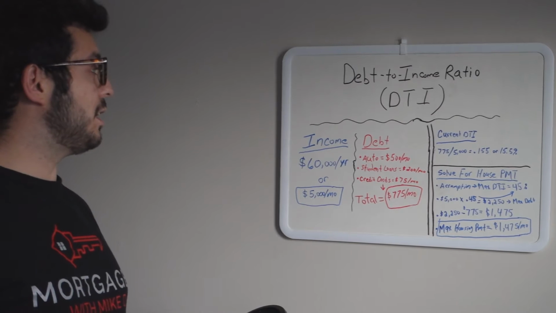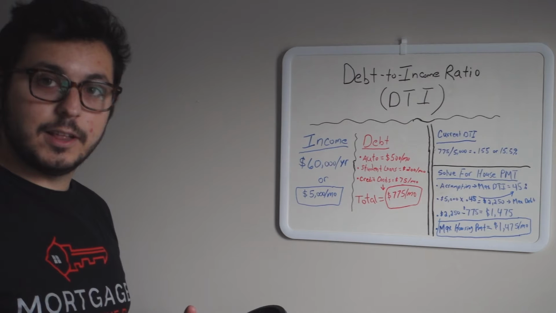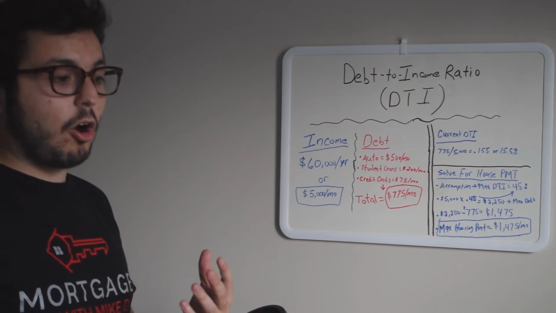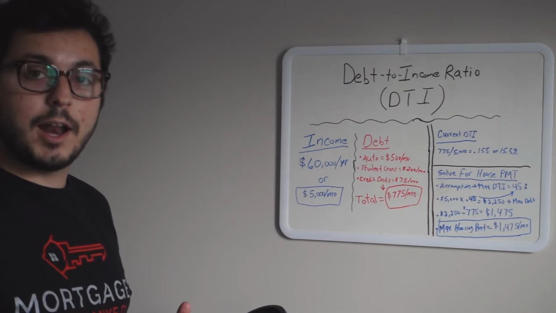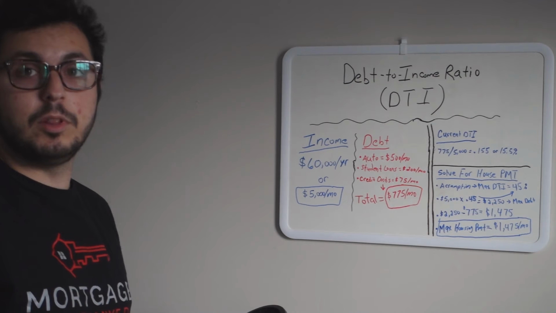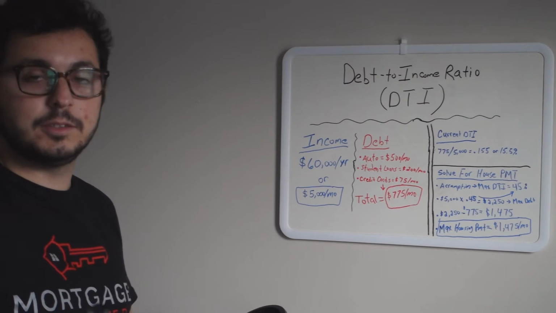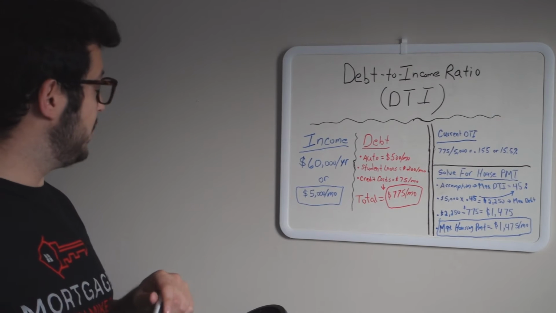So we already talked about what debt to income ratio is, how it's calculated, why it's arguably one of the most important components in determining whether or not you will be approved for a home loan, purchase, refinance, whatever the case may be. So without any further ado, let's get into an example.